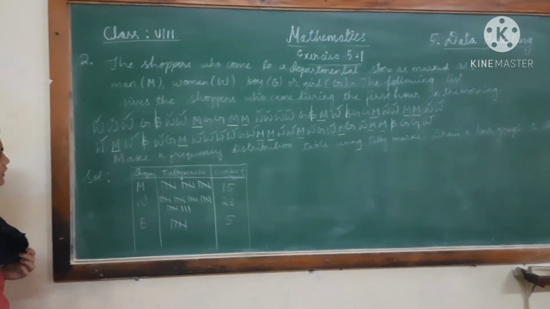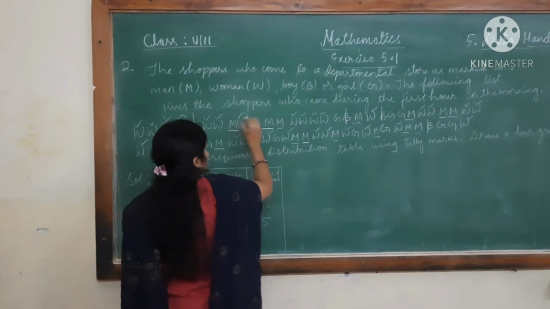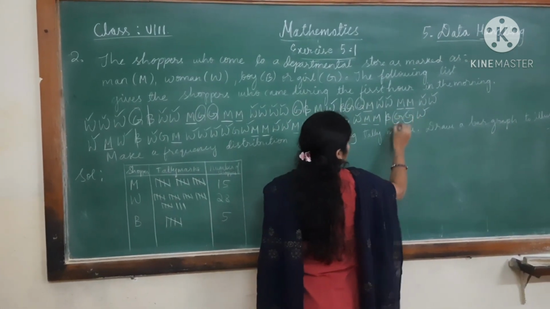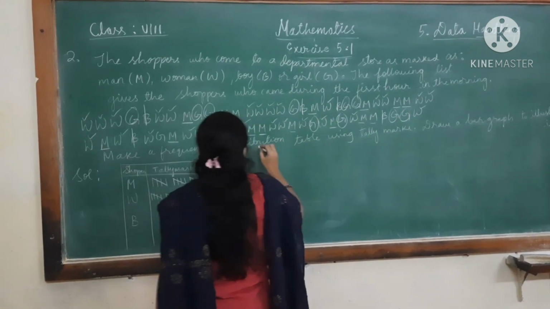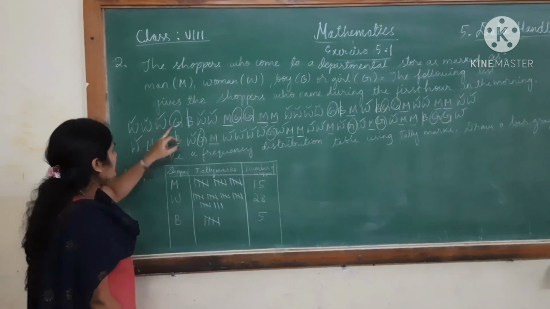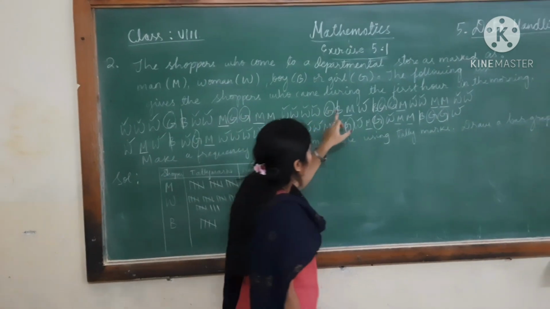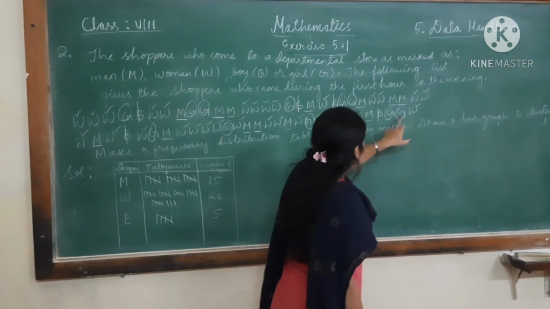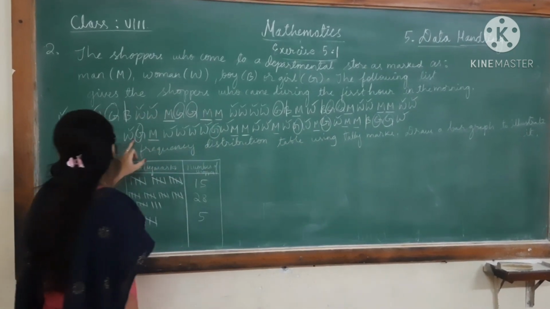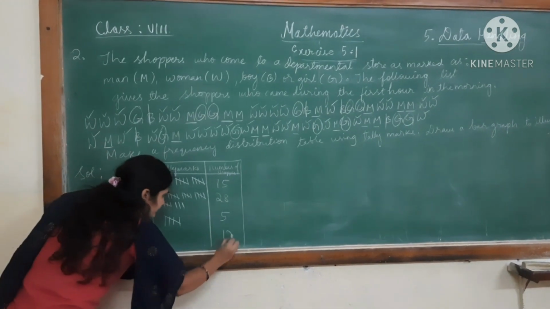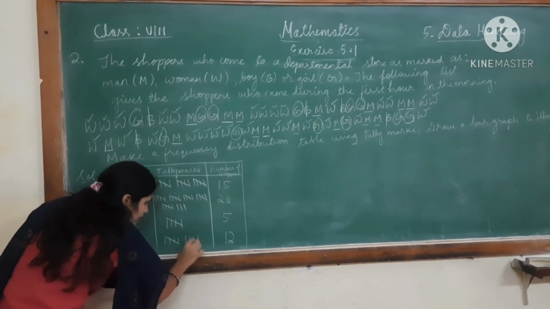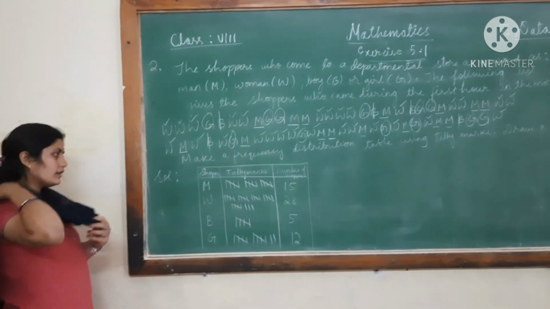And now let me go with the girls. 1, 2, 3, up to 12. There are 12 girls. Let me count once again. 1, 2, 3, 4, 5, 6, 7, 8, 9, 10, 11 and 12. So there are 12 girls in the given list.